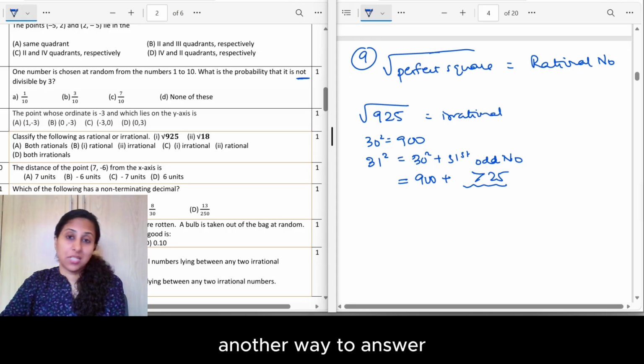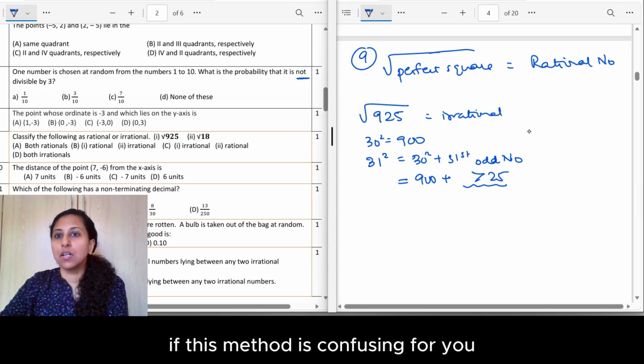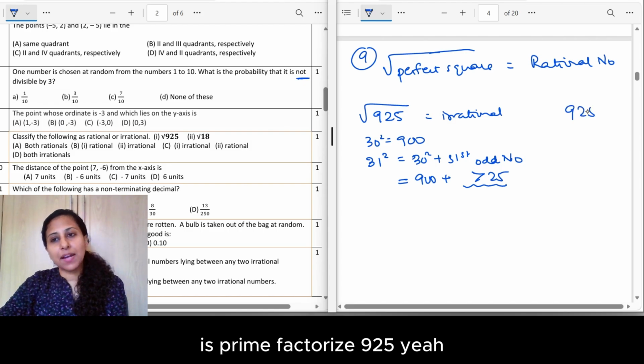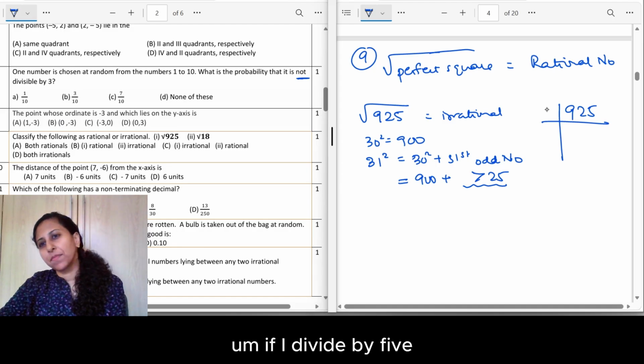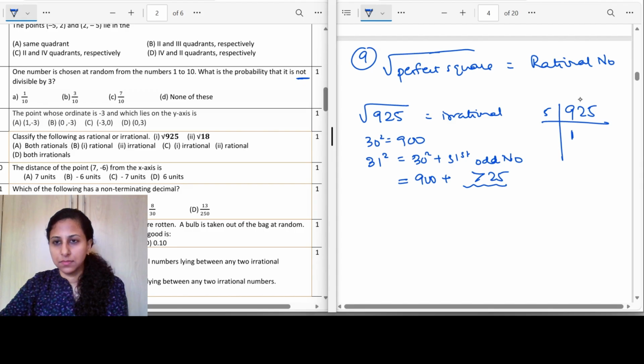Another way to answer if this method is confusing for you is prime factorize 925. Yeah. When you prime factorize 925, what do you get? If I divide by 5, then I divide by 5 again.